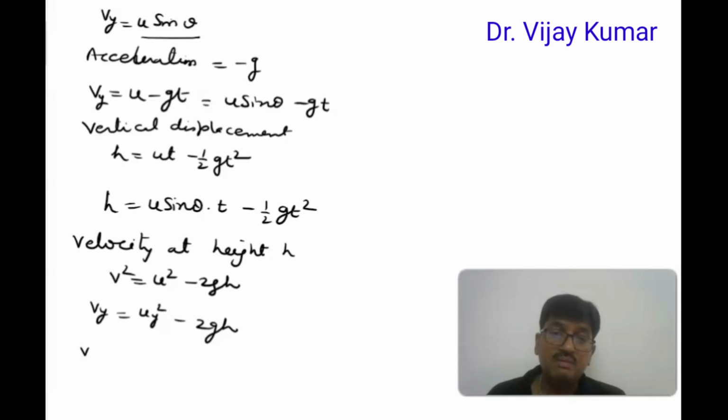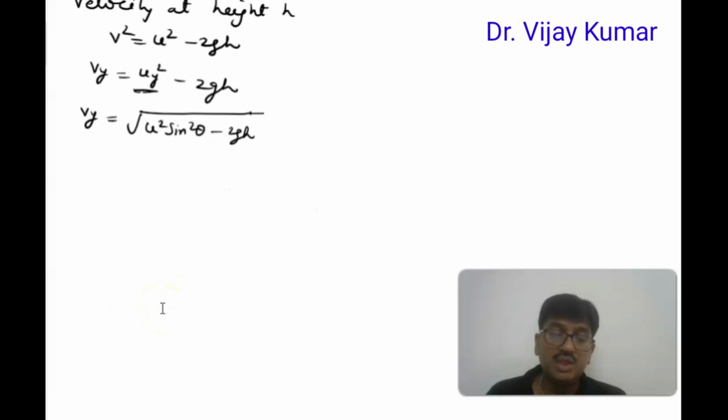So vy equals under root of u square sin square theta minus 2gh. This is the velocity in the y dimension, the velocity in the vertical direction.